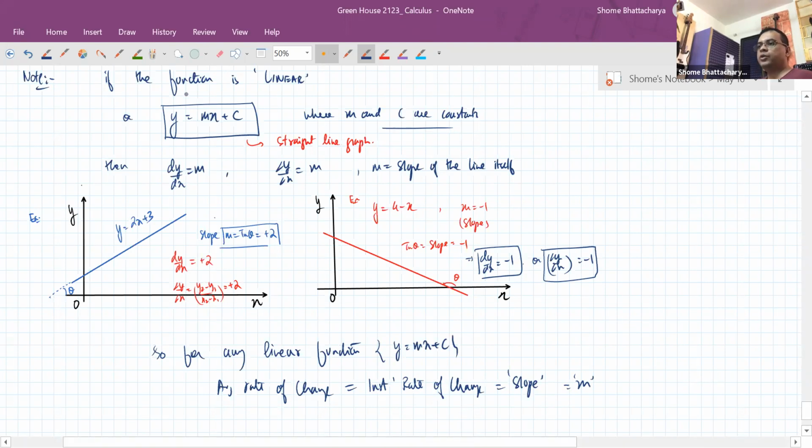So this is a unique property that the linear function has. Okay. Other functions which are non-linear like x square, x cube, or sin x, or tan x, or any other function will not have this property. It's only one type of function.